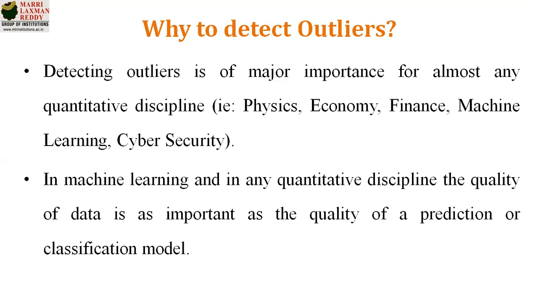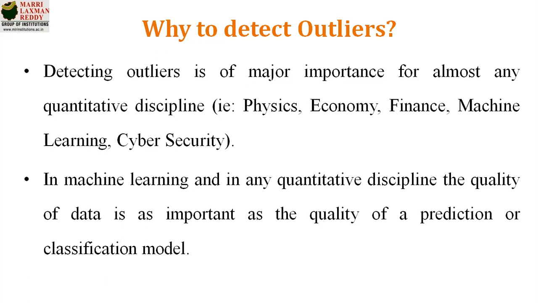For example, if you are working with machine learning, real-time applications of cybersecurity, or data like stock market data where you have important observations that need to be understood, and you're not understanding outliers, it may lead to some major problems. So outliers need to be understood properly, and thus they are very useful in real-world applications.